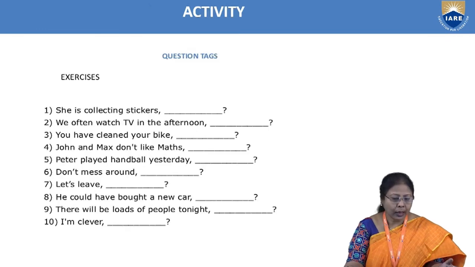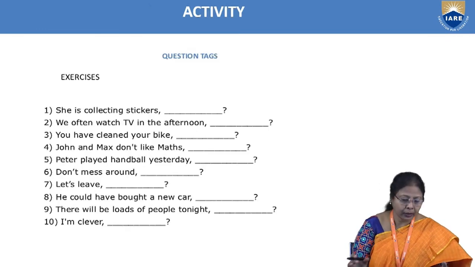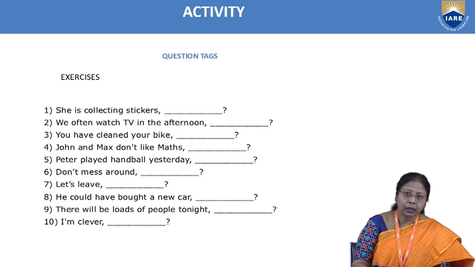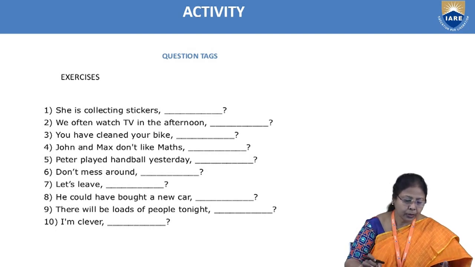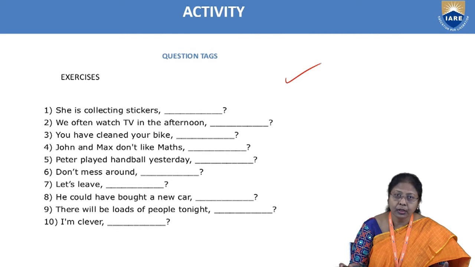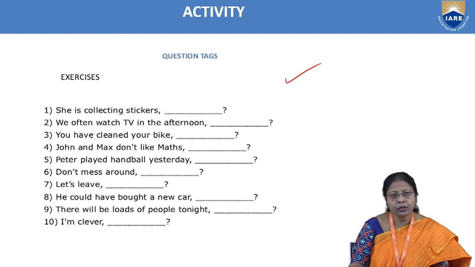Clear? So as a part of classroom activity, I have given a few sentences here. Go through all these sentences and use proper question tags in these exercises. She is collecting stickers. We often watch TV in the afternoon. And you have cleaned your bike. John and Max don't like maths. Peter played handball yesterday. Don't mess around.